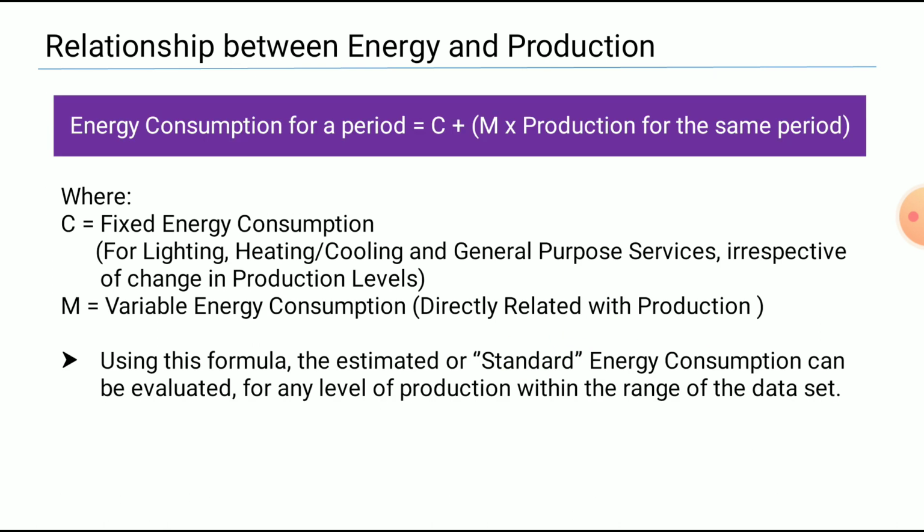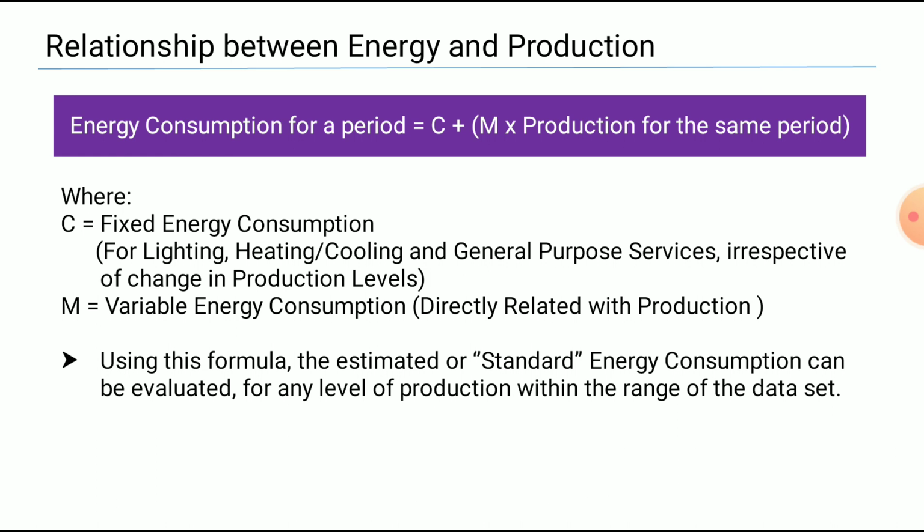Second, the relationship between energy and production. In this, the energy consumption for a particular period can be calculated by using the formula C plus M into production for the same period, where C is equal to fixed energy consumption, that will include lighting, heating, cooling, and general purpose services, irrespective of changes in the production levels.